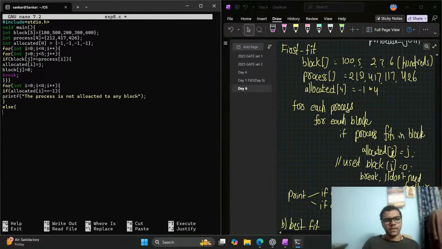Else, that means it is allocated, and print the process is allocated to block.